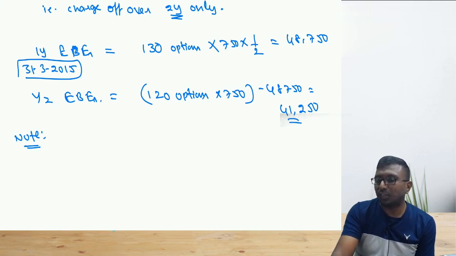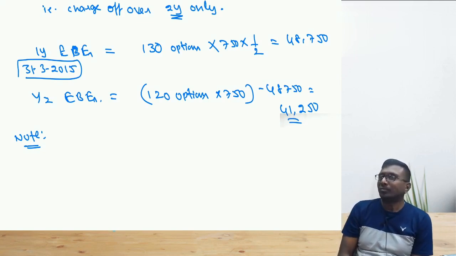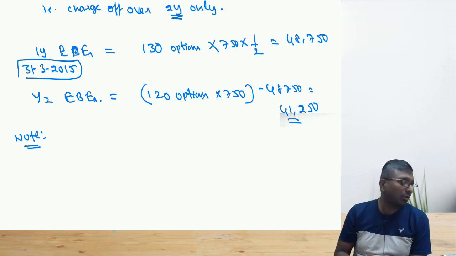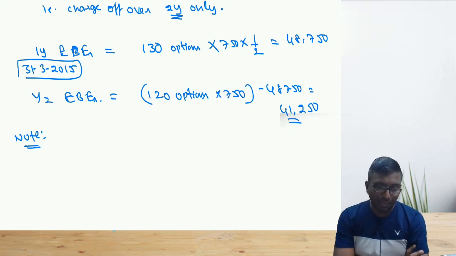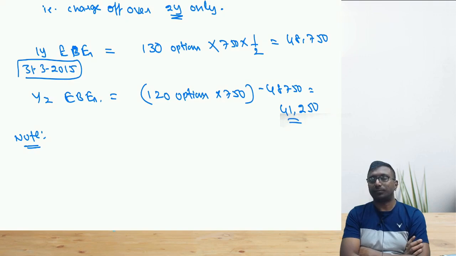As we assumed, write it on top: as we assume that no modification took place, it is assumed as vested at the end of the second year, at Y2.